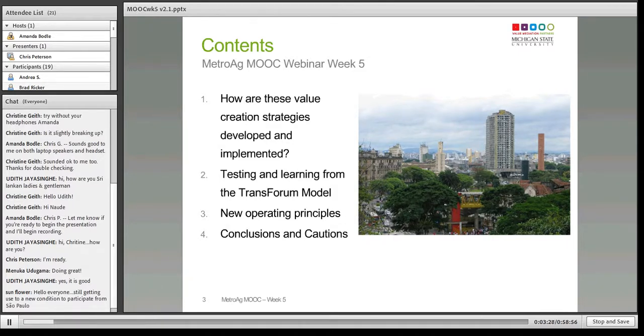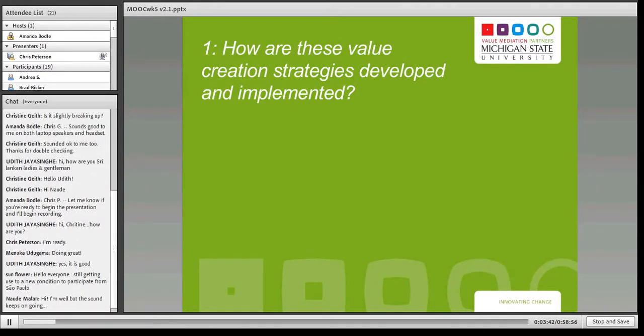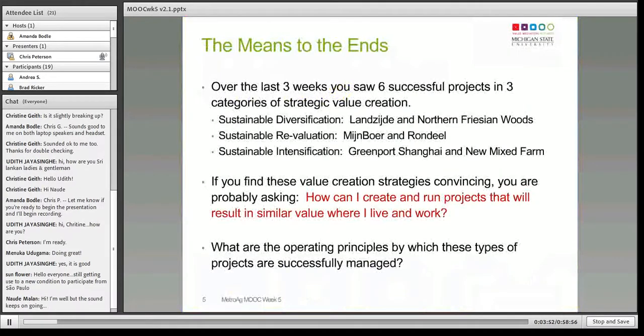So moving on, the fundamental question that I want to frame today is how are these value creation strategies developed and implemented? So let's set up the question and give you a first pass answer, and then we'll move on to the details, as it were. Over the last 3 weeks in particular, you have seen the details of 6 very successful projects that came out of the Transforum experience.